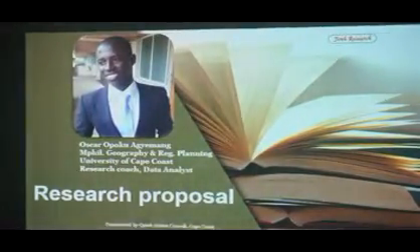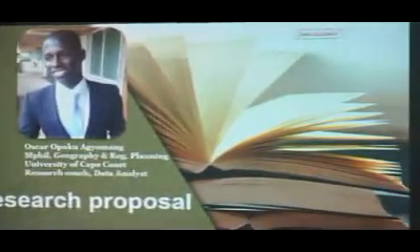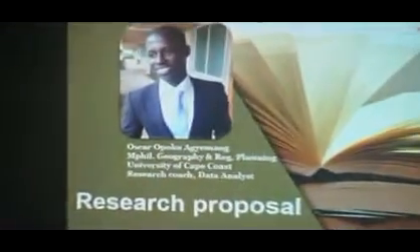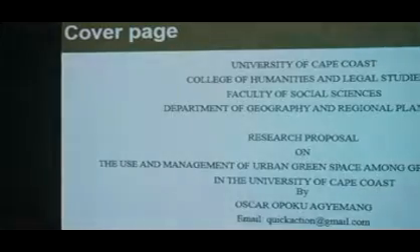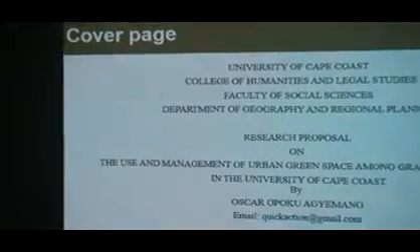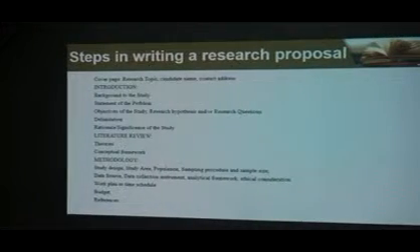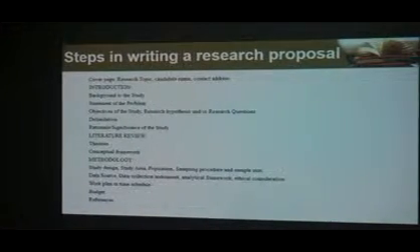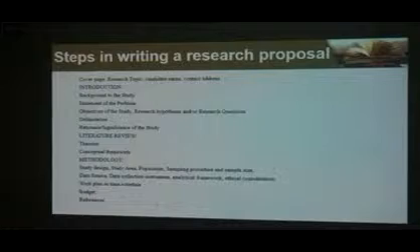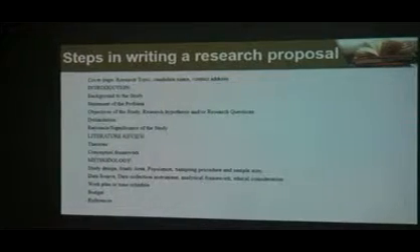Then we look at the literature review. Here we focus much attention on the theories and the conceptual framework. Then we delve into the methodology: the study area, the study design, population, sampling procedure and sample size, data source, and what have you. Then lastly, we will look at the budget and the references of a proposal.